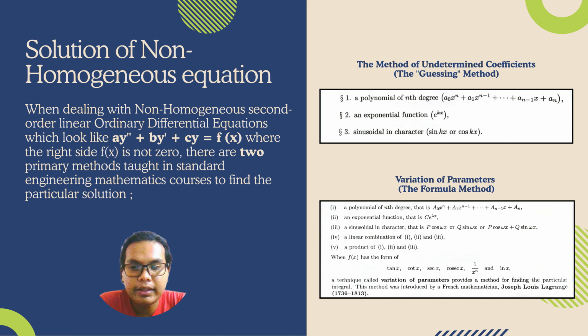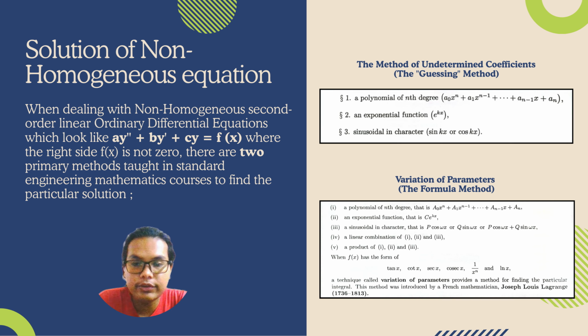We only use this particular method when the equation has a polynomial of nth degree, an exponential function, or a sinusoidal in character. The next method is the variation of parameters, or we call it the formula method.